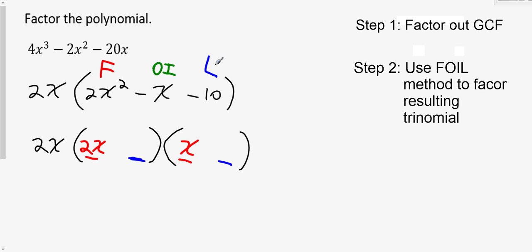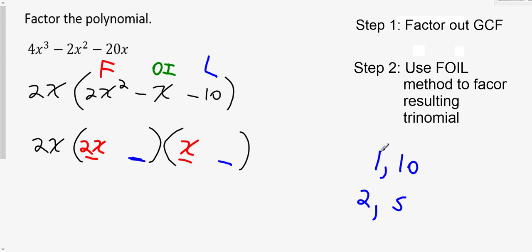For L now, let's focus on L. For L, there are two possible choices. I'm either going to do a 1 and a 10, because 1 times 10 would give me 10, or I'm going to do a 2 and a 5, because 2 times 5 also gives me 10. Well, there's some things that we can use here.